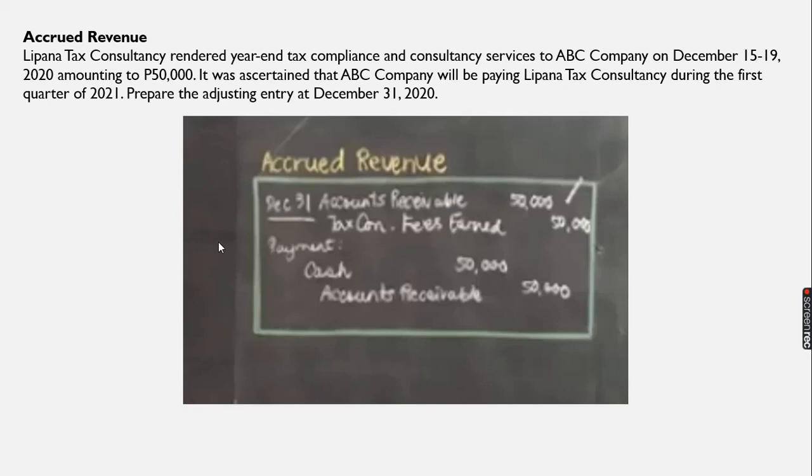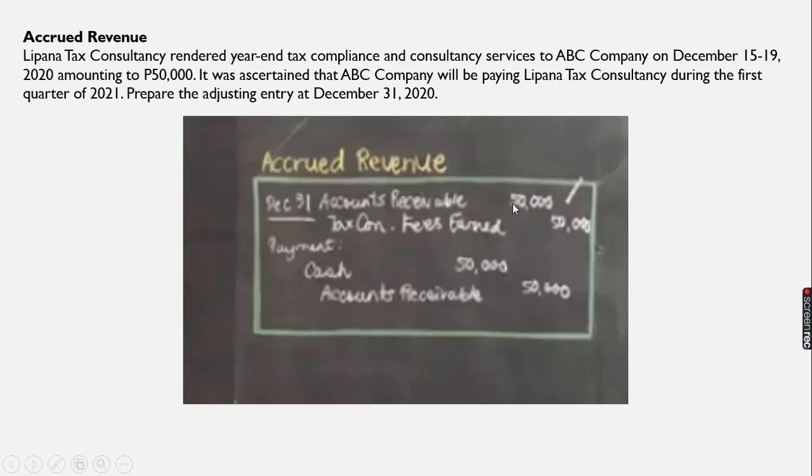Ang adjusting entry niya dito, syempre, since inutang naman nila yung service na provide mo sa kanila, which is worth 50,000, ang ilalagay mo lang dyan is accounts receivable, and then yung tax consultancy fees earned na 50,000. So, sa December 31, accounts receivable 50,000 kasi pinautang mo nga. And then, service revenue or tax consultancy fees earned 50,000.